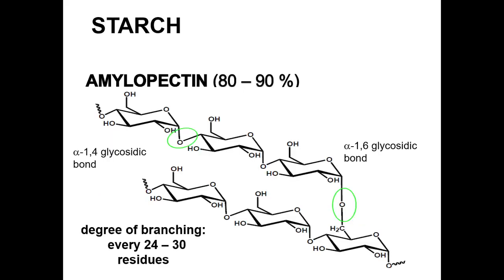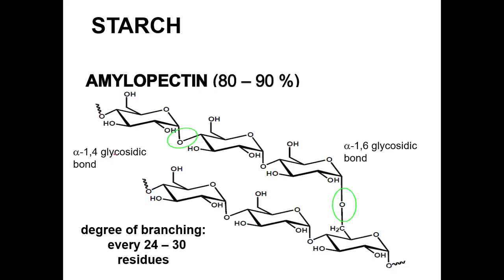We call that your amylopectin. So, this accounts naman for 80 to 90% of our starch. So, meron lang kakaiba dito sa amylopectin because your glucose units are still connected via the alpha 1,4 glycosidic bond.